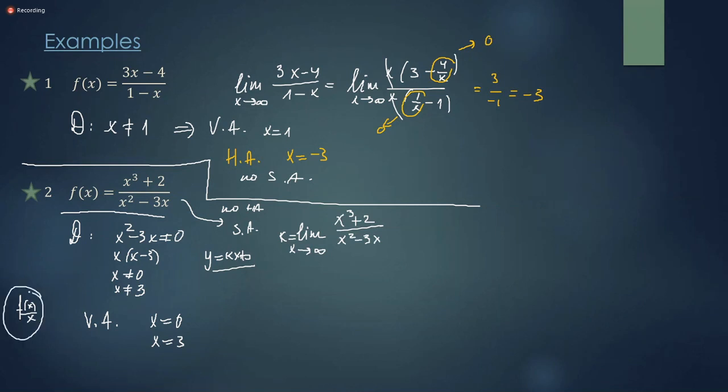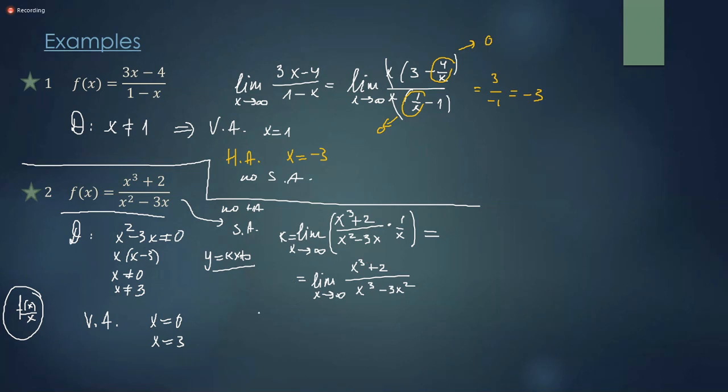We needed to practice this. If I divide by x, it means I multiply by 1 over x, which means the denominator becomes also cubic: the limit when x tends to infinity of x cubed plus 2 divided by x cubed minus 3x squared.